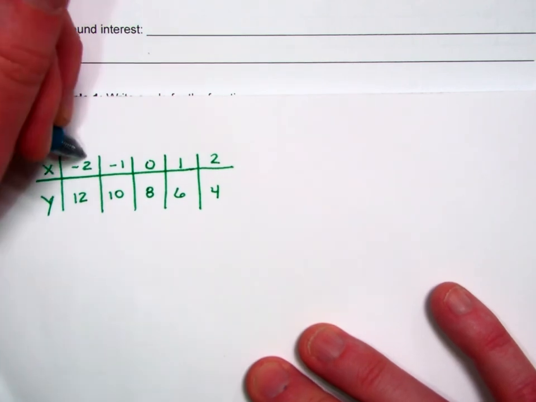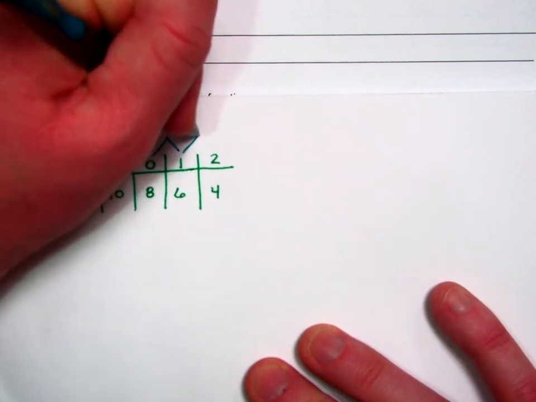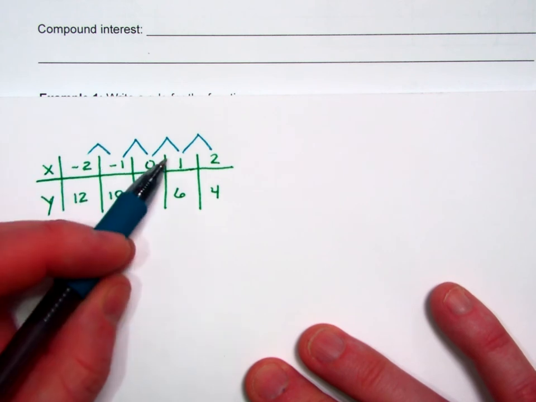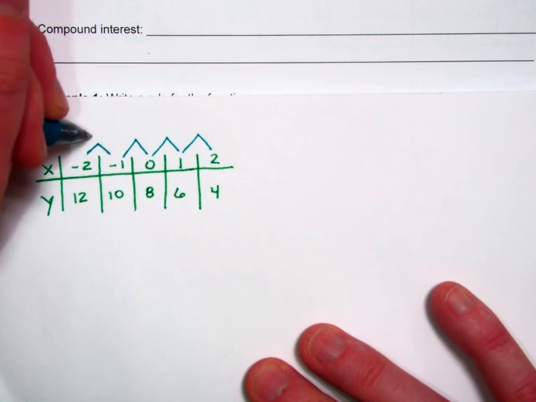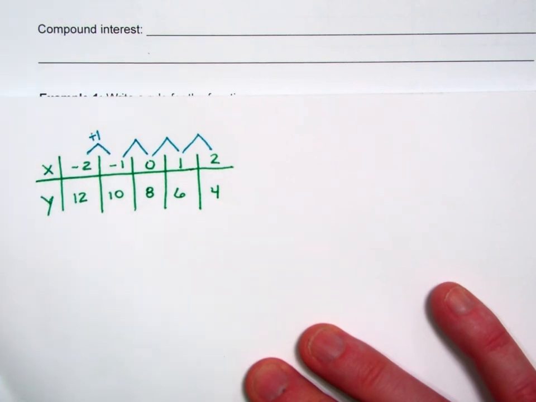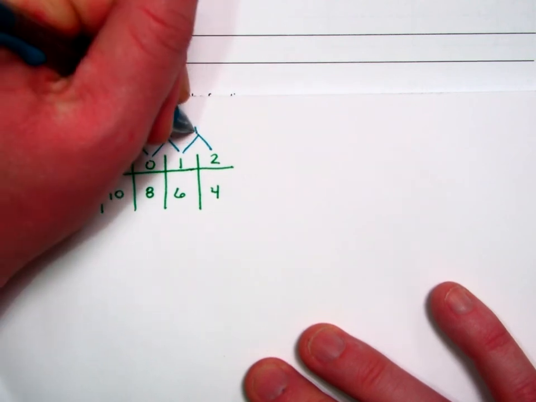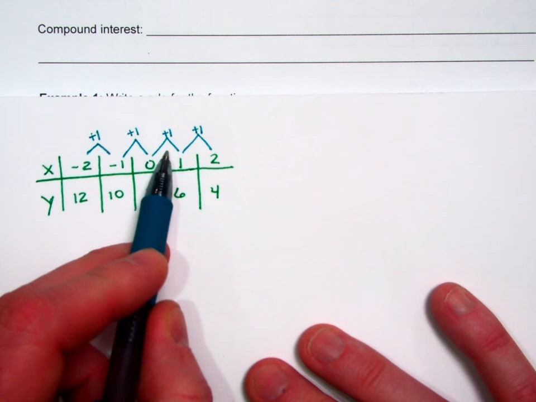Okay? What I mean by that is we were adding the same thing to each quantity to go from one x value to the next x value. And you can see that from these basic 5 values, to go from -2 to -1, from -1 to 0, from 0 to 1, and from 1 to 2, we are constantly adding a 1. Okay?